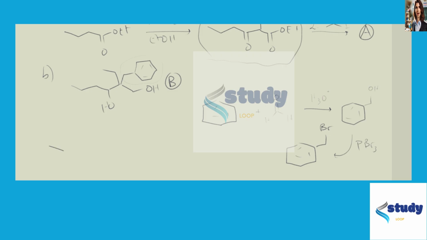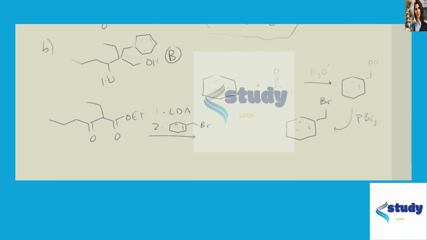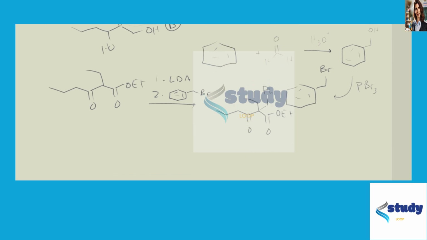Now if we take this material, which we already know how to access, then use LDA followed by benzyl bromide, we can access, and I'll just shorthand this to phenyl, this compound, and then we are almost home free.